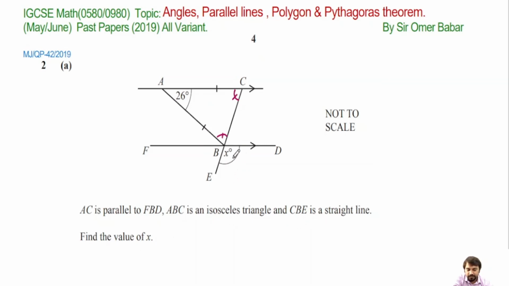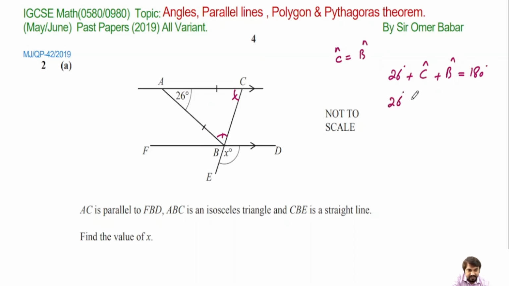We need to calculate the value of x. And how can we solve it? First of all, we need to calculate these angles, angle B and angle C of this isosceles triangle ABC. So I'm going to write here 26 degree plus angle C plus angle B is equal to 180 degree. And we know that angle C is equal to angle B because of isosceles triangle.